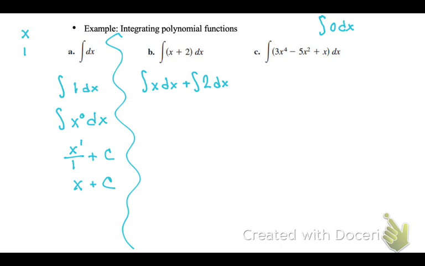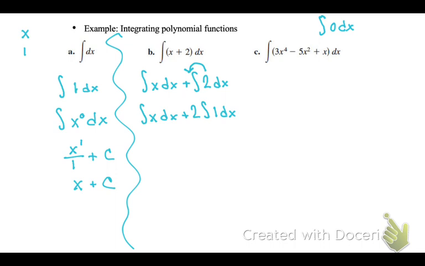So before we start, the 2 should go where? In front of the integral, right? It doesn't have to, and you won't do it after a little bit. So I have the integral of x dx plus 2, the integral of dx, or 1 dx. Yes?